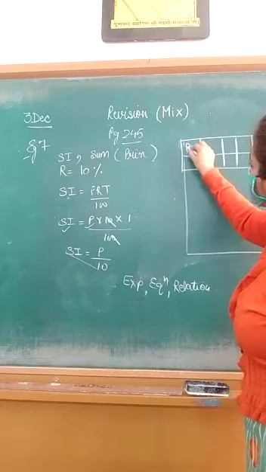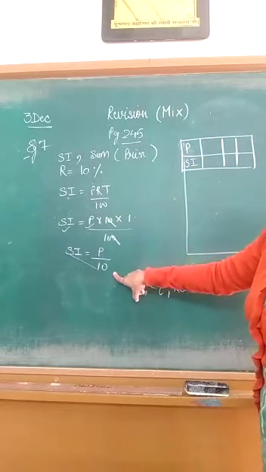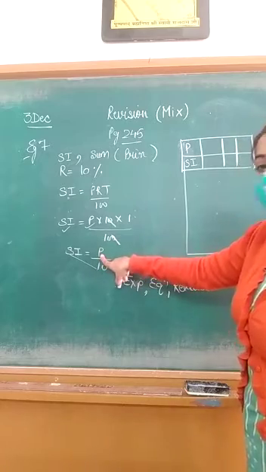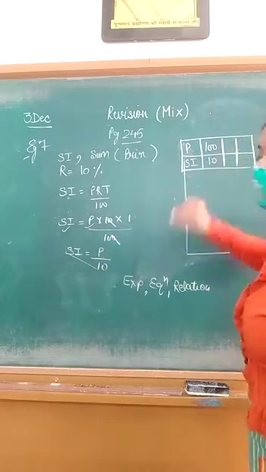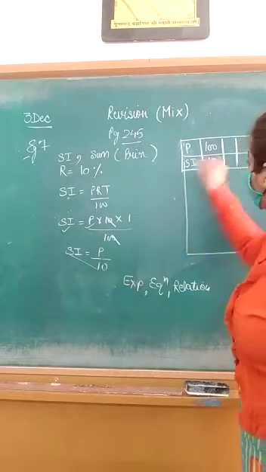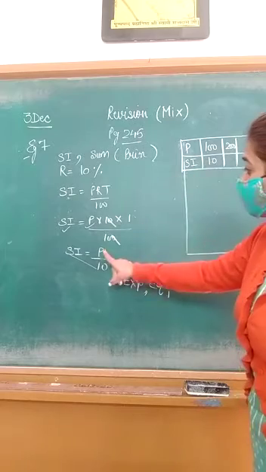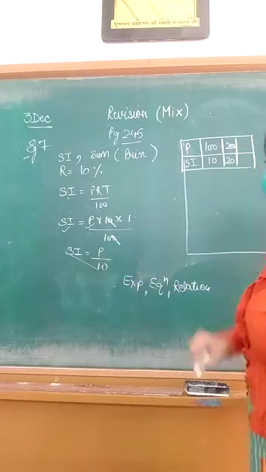So writing principal, and here simple interest you will get from this formula. If you put principal as 100, 100 upon 10 will give you 10 rupees as simple interest. If you put principal as 200, this will give you 200 upon 10. Zero will cancel out, then the simple interest is 20.